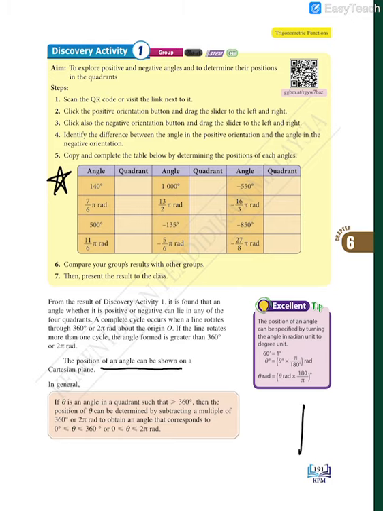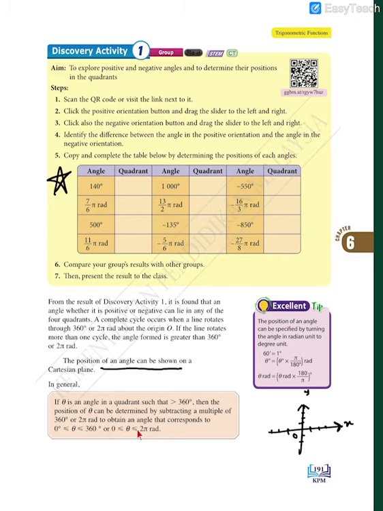It is when you have a y-axis and an x-axis, an origin, and a scale given. This is what we call a Cartesian plane. If theta is an angle in a quadrant such that it is greater than 360 degrees, then the position of theta can be determined by subtracting a multiple of 360 degrees or 2 pi radian to obtain an angle that corresponds to theta between 0 and 360 degrees, or between 0 and 2 pi radian.